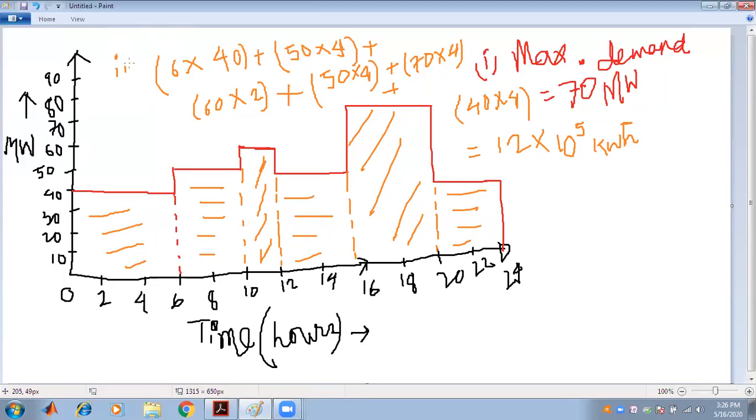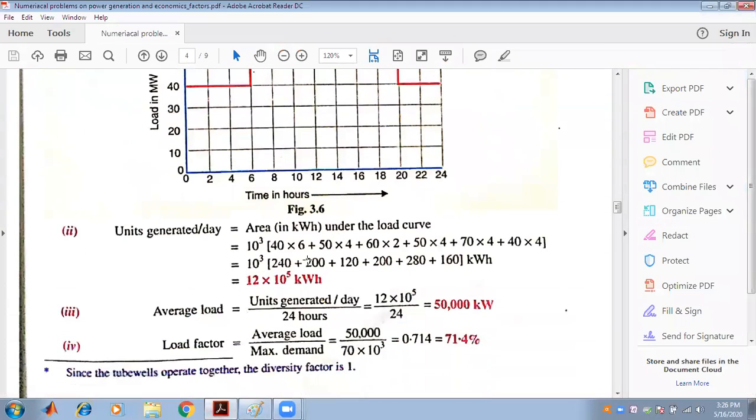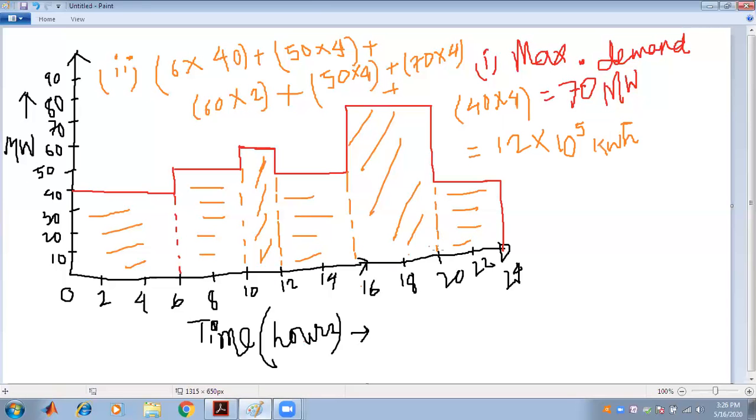The second portion is the units generated per day. This is our second answer. It tells how many units are generated per day.